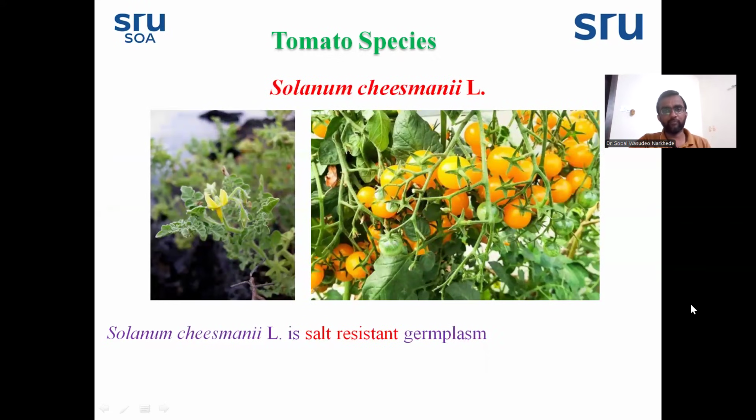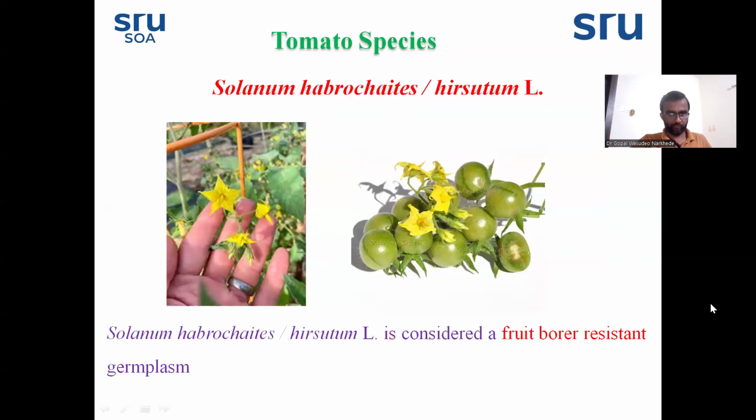The next is Solanum chmielewskii, which is a salt-resistant wild species. Here you can see the fruit color is different. The fruit size is small, but the fruit color is somewhat different. Then next is Solanum habrochaites or Solanum hirsutum, green fruit. This Solanum habrochaites or hirsutum is fruit borer resistant.